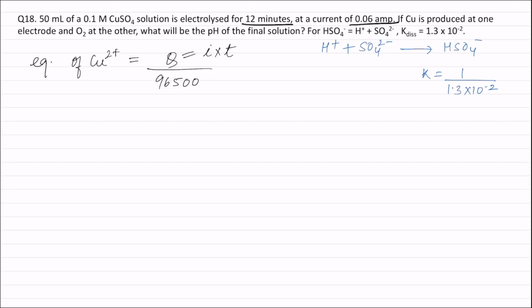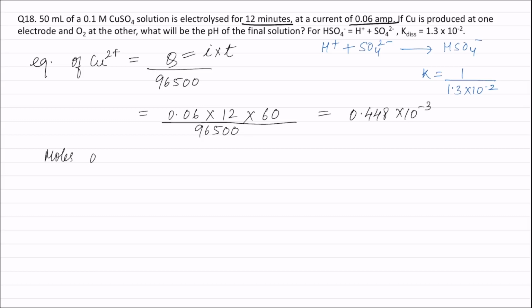Therefore, putting the values, equivalents of copper will be equal to 0.06 × 12 minutes, and multiplying this by 60 will give the time in seconds. Dividing this by 96500 coulombs will give equivalents of copper ions, which is equal to 0.448 × 10⁻³ equivalents.